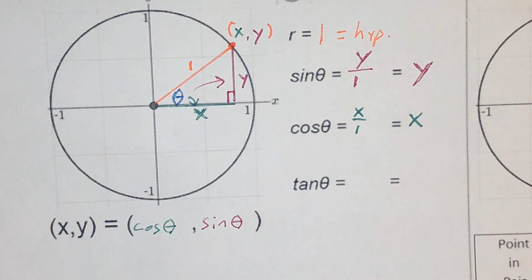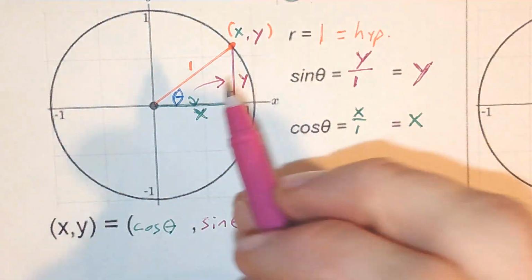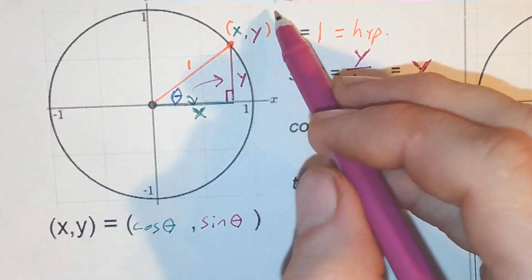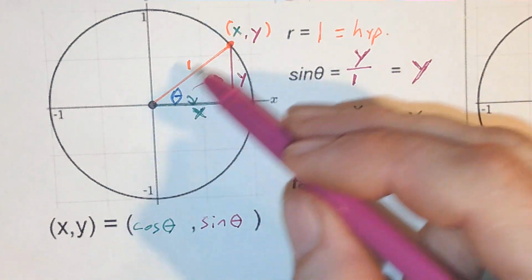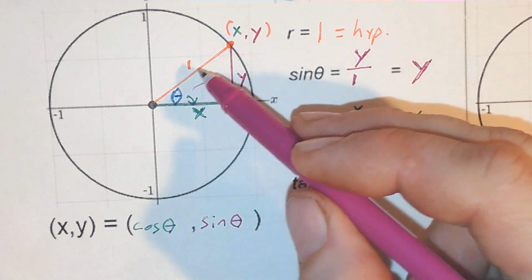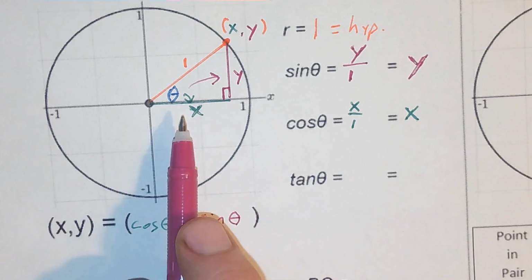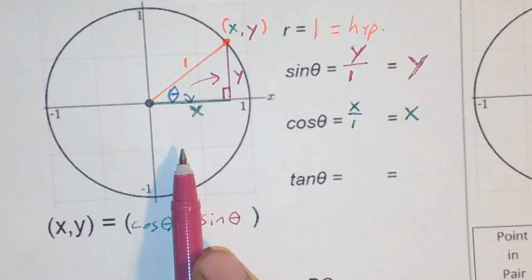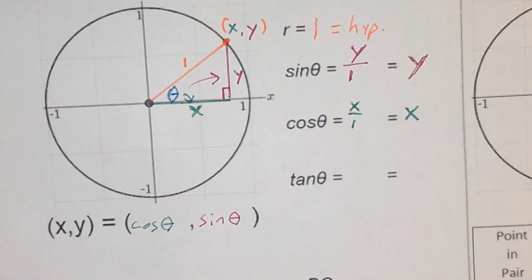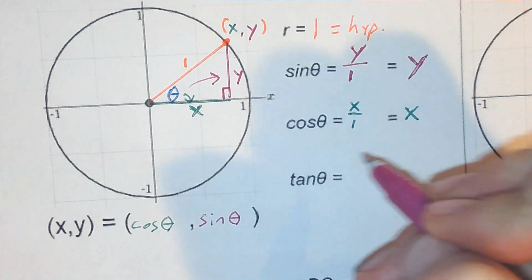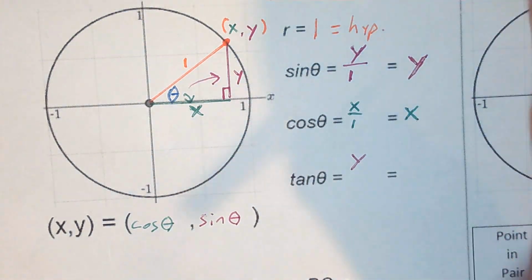And if I'm going to expand the circle beyond 1, I multiply my cosine and sine of theta by whatever I have expanded my radius by. But what is tan of theta? Well, tan of theta is opposite over adjacent. Opposite is y, over x.